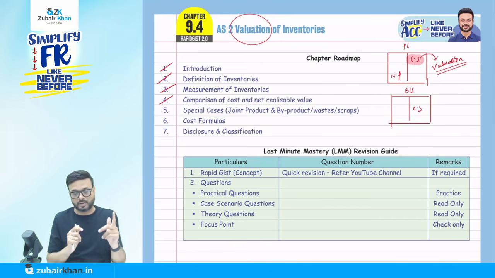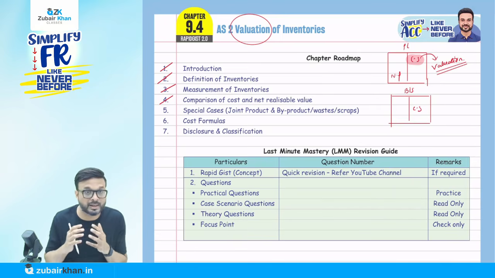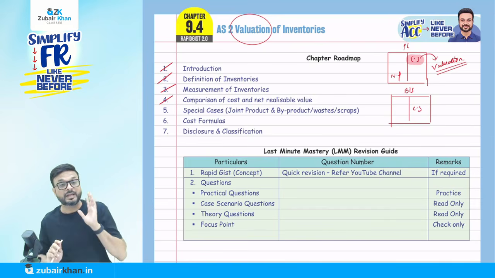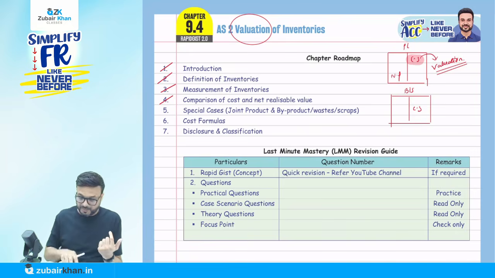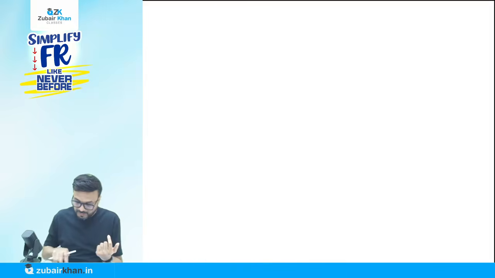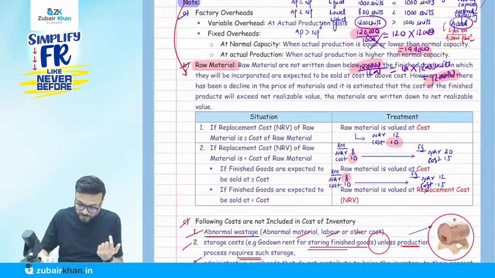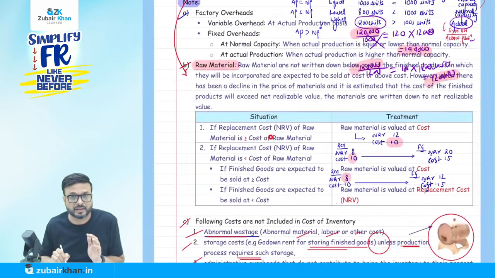What is the NRV of raw material? Replacement cost. But one exception, when we do the comparison of cost and NRV, whichever is lower, remember in the case of raw material, if my NRV is going to be more than the cost, no problem, it will be recorded at the lower, that is cost.